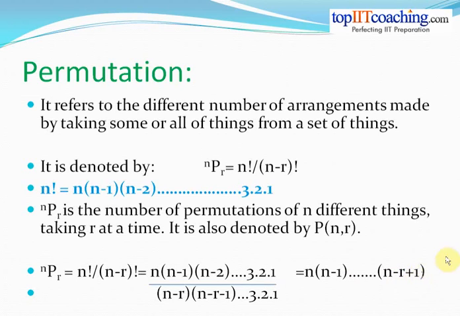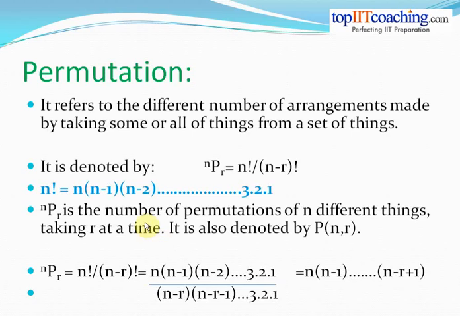Once again, see what permutation is. It is the number of different arrangements by taking some or all of the things from a set of things. It is also denoted by P(n, r), and it is a permutation of n different things taking r at a time. The important thing to note here is that the n things are all different.